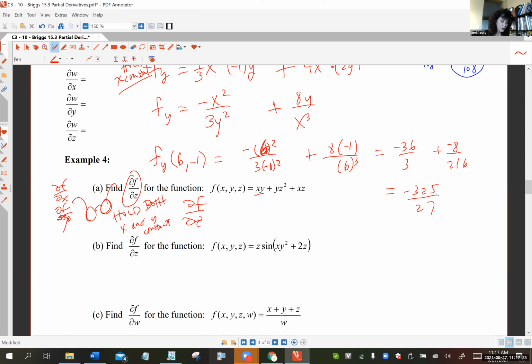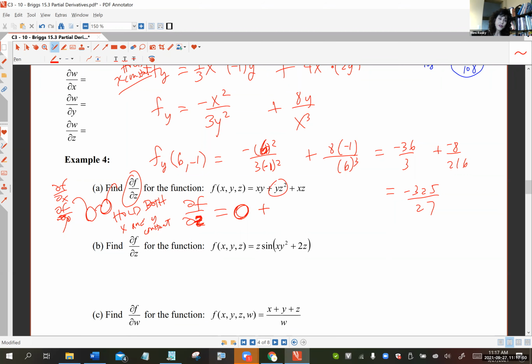So what would the first term's derivative, XY, be if you were taking the derivative with respect to Z? Zero. Good. Why? There's no Z in there, so that looks like a pure number, and the derivative of a pure number is 0.